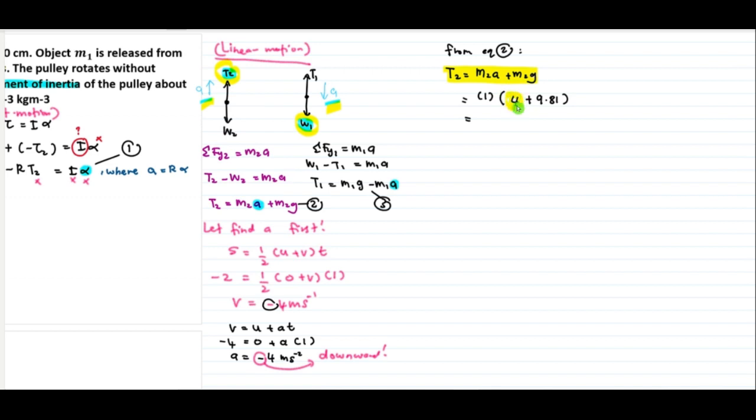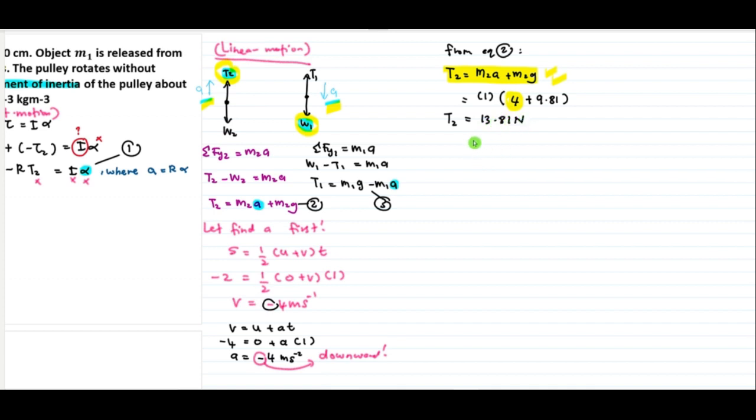Jadi masa you masukkan nilai 4 ini, make sure you substitute the magnitude only. Tak perlu ambil direction. Sebab kita dah consider direction dekat sini tadi, masa kita tulis equation dengan betul. Alright, so now T2. Okay, please calculate T2. So you akan dapat 13.81 Newton.